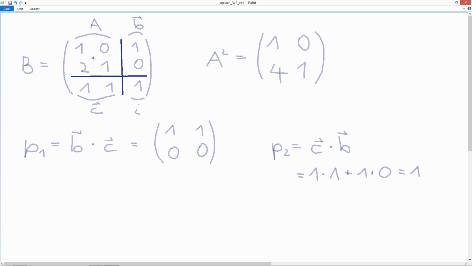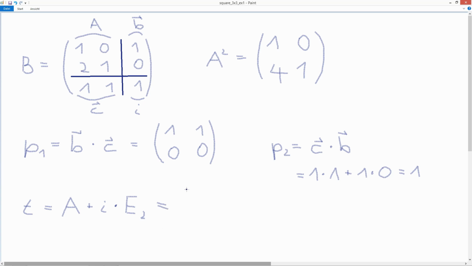We also need the sum of these two entries. So the submatrix A with I. So T is equal to A plus I times the 2 times 2 unit matrix.